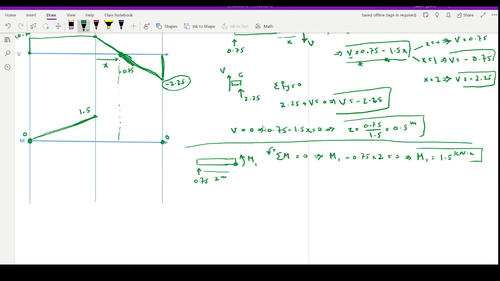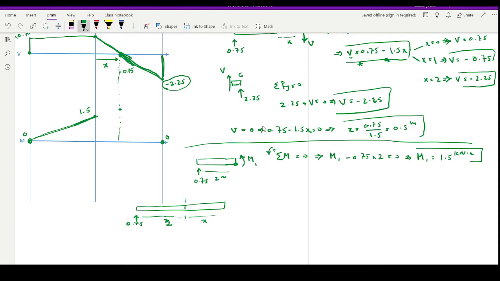Okay, it's changing in this direction. Also, I will go up to some point in here, and then I will go down. I said that at this point we will have the highest moment. So I'm drawing the free body diagram again, similar to what I had over there. I have 0.75. I have 2 meters in here, 2 meters, and then from here to here I have x meters.